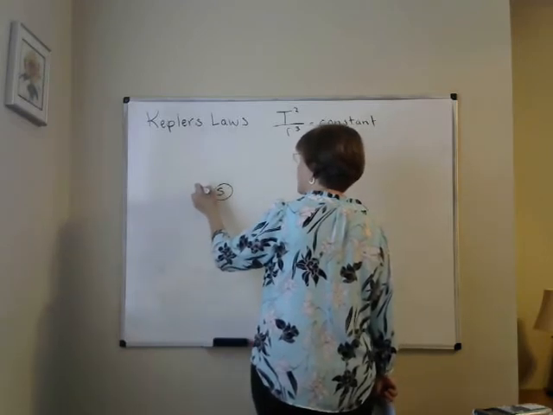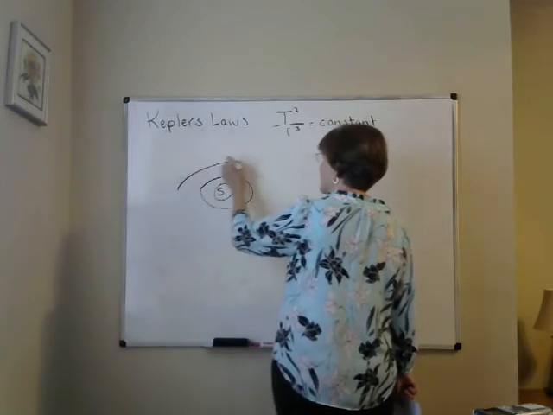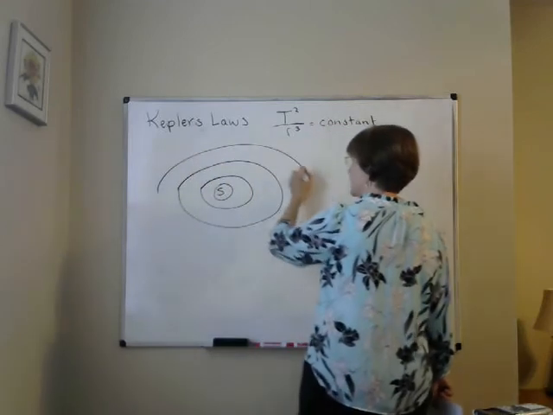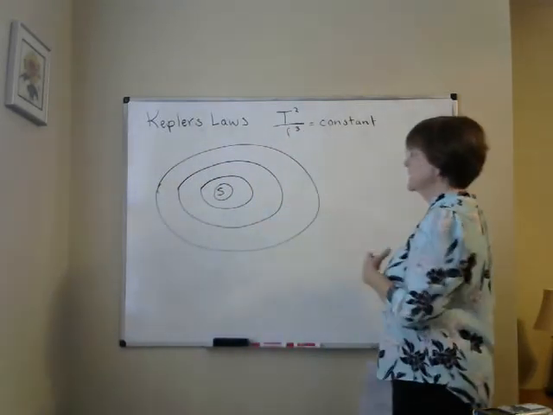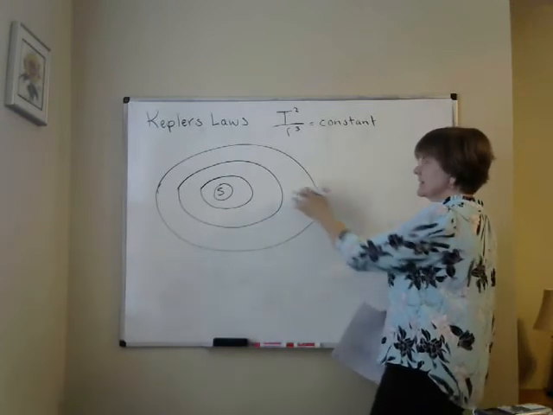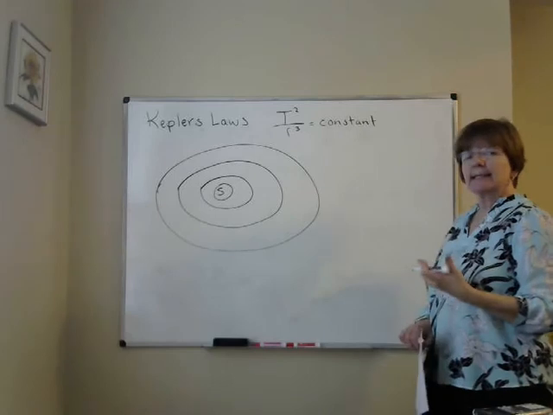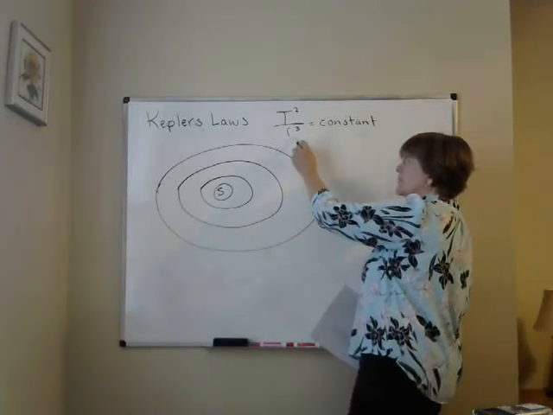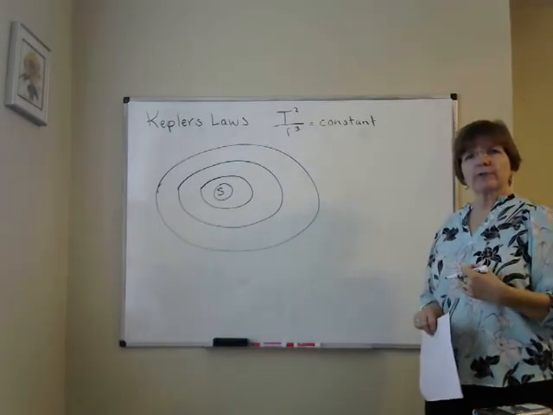And you've got some planets sweeping out ellipses, and farther planets sweeping out different ellipses, and planets farther still sweeping out different ellipses. What they're saying is, as this radius increases, the average distance from the sun, that's what the radius is that they're talking about, as this number gets larger and larger, the period of the orbit also gets larger.